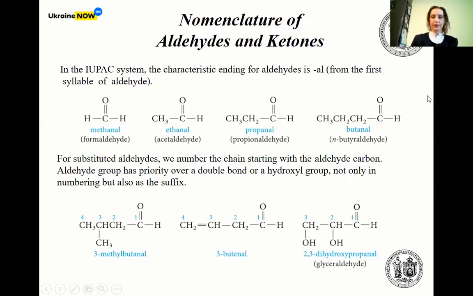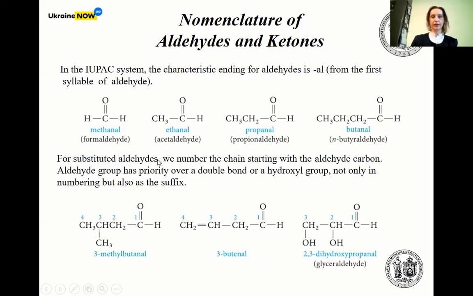How are names formed? If we have an aldehyde, we drop the final E from the name of the appropriate alkane. For example, methane, we change this E and add al: methanal, ethanal, propanal, butanal. These are names according to IUPAC.